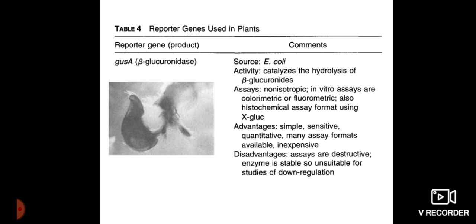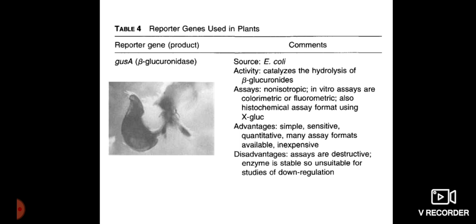Some of the reporter genes are GUS-A, that is beta-glucuronidase gene. This beta-glucuronidase gene is sourced from E. coli and is involved in the catalysis and hydrolysis of beta-glucuronides.